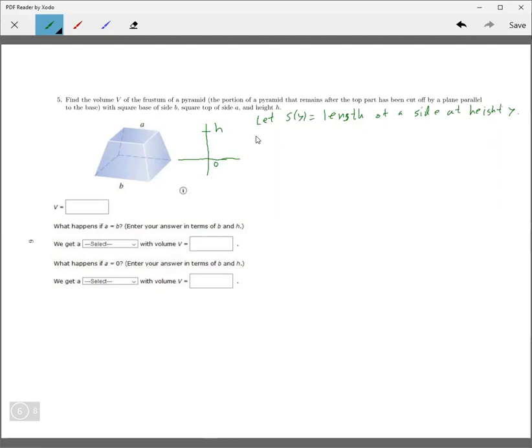Okay, so we know that when, so if we set it this way, think of y as being your independent variable and the length as being a dependent variable. Think of it that way. So when y is 0, the length is b. And when y is h, the length is a.